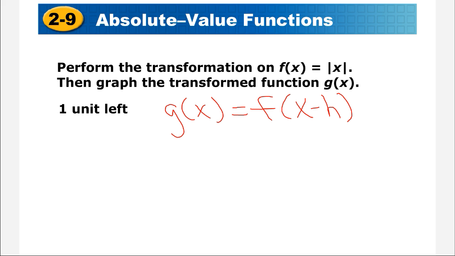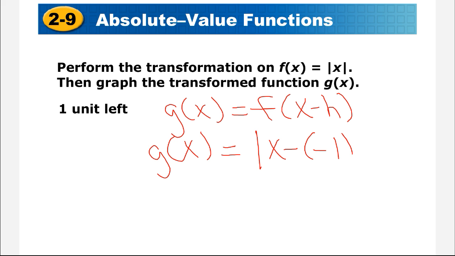So we're going to substitute in g of x equals absolute value of x minus, and we're going to the left, so -1, which is g of x equals the absolute value of x plus 1.